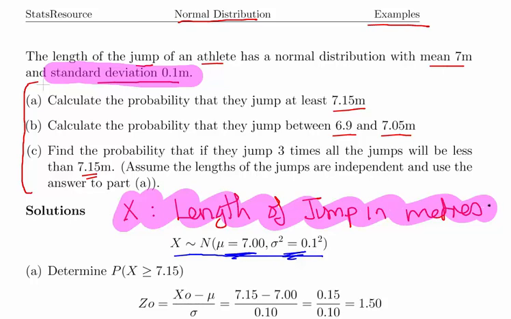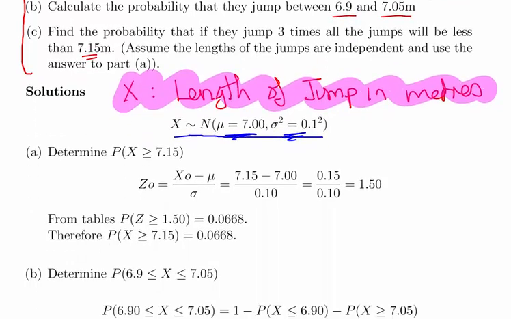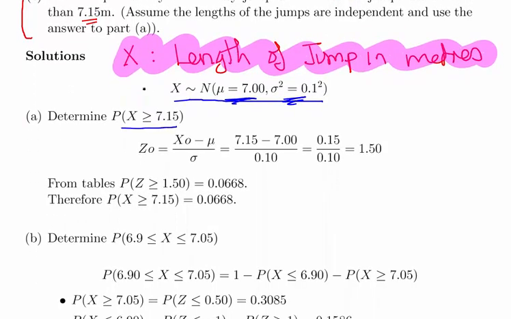So the first question asks us to find the probability of x greater than 7.15. The first thing we would do is calculate the z-score. I'm going to skip past calculating the z-scores in subsequent parts of this question, but essentially we use this formula: we take our test value, subtract the mean and divide by the standard deviation.